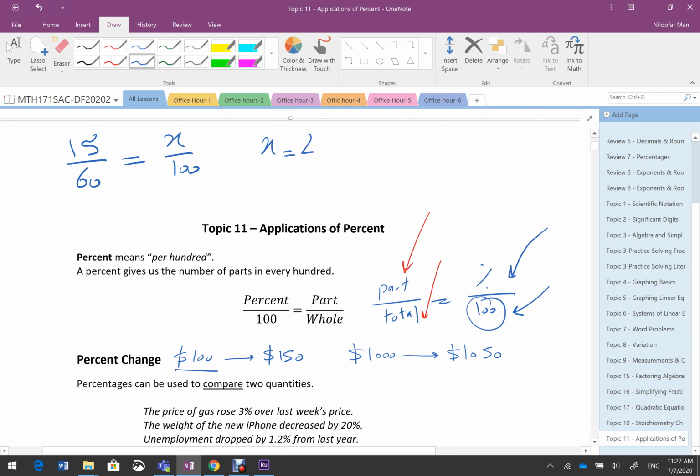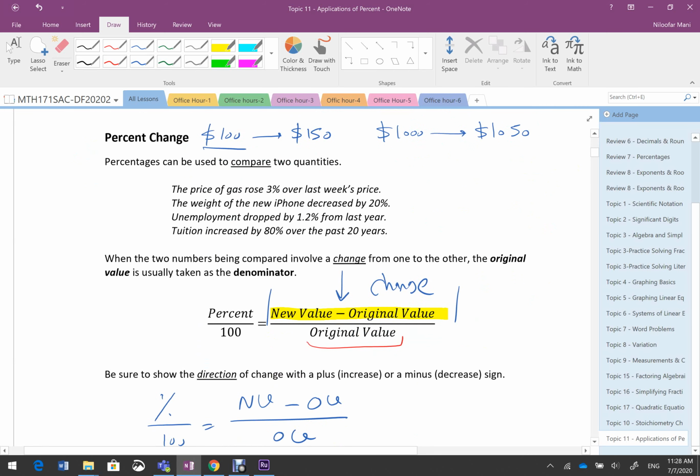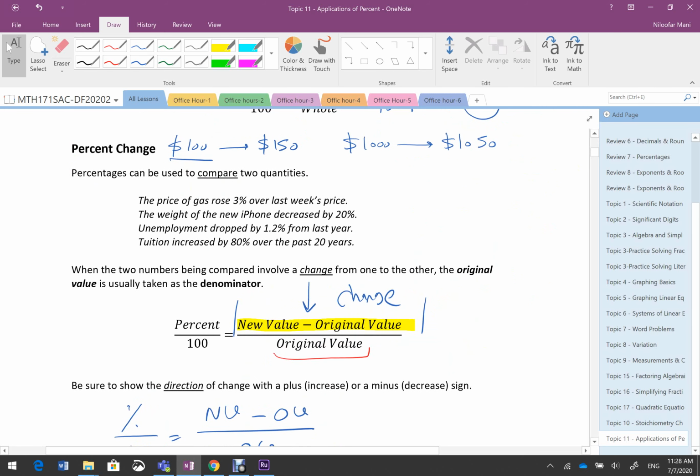That's 25%. Yes, makes sense because it's a quarter. A quarter of 60 is 15, and a quarter of 100 is 25%. So we knew this before and we did many questions. I ask for part, I ask for total, I can ask for the percentage, and you can tell me the answer.